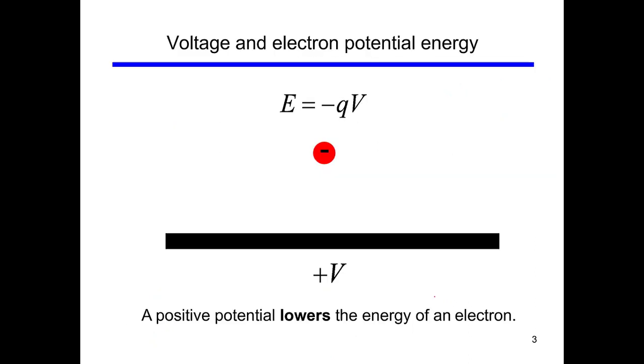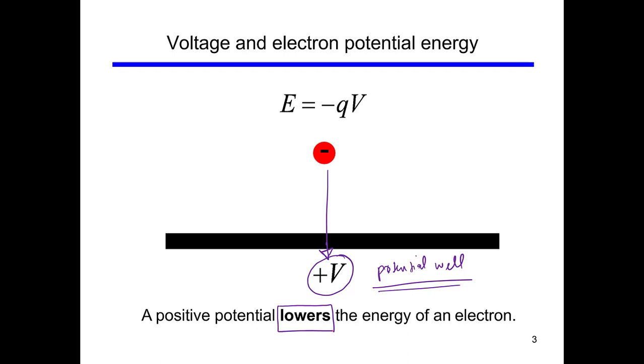So in order to understand that, we have to see what happens to electrons when we apply a voltage V. So basically the voltage V pulls the electron into a potential well. Okay, it pulls it into a potential well, so it basically lowers the energy of the electron.